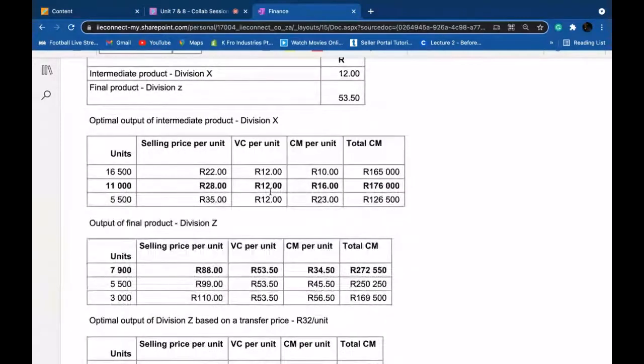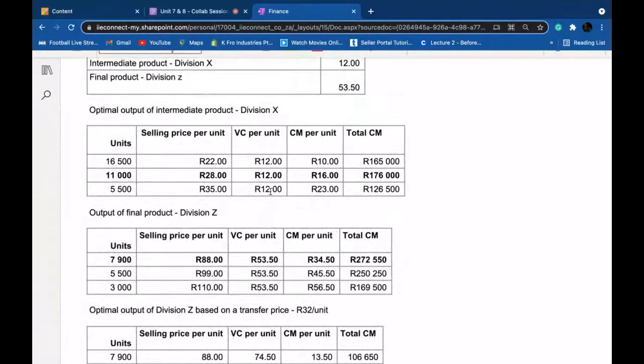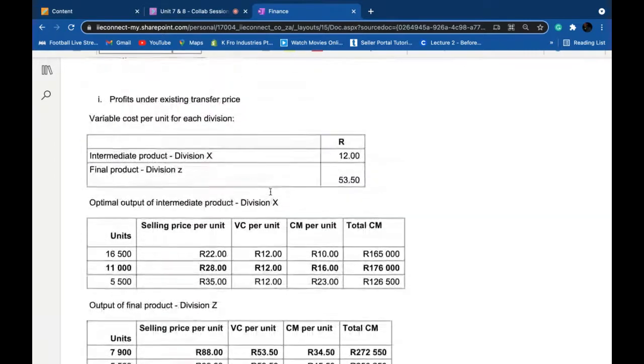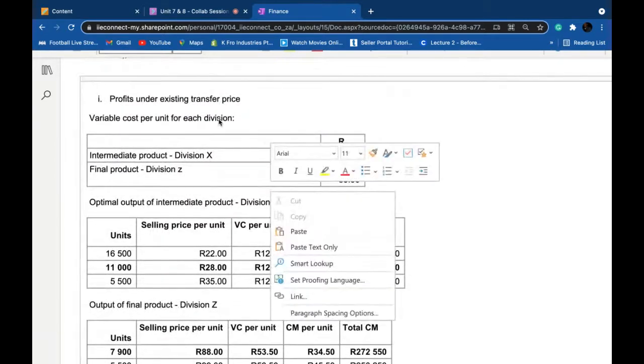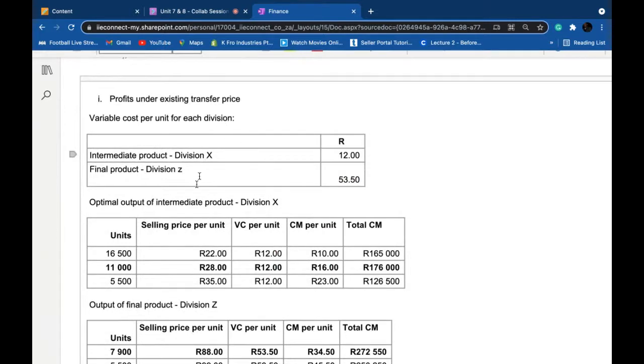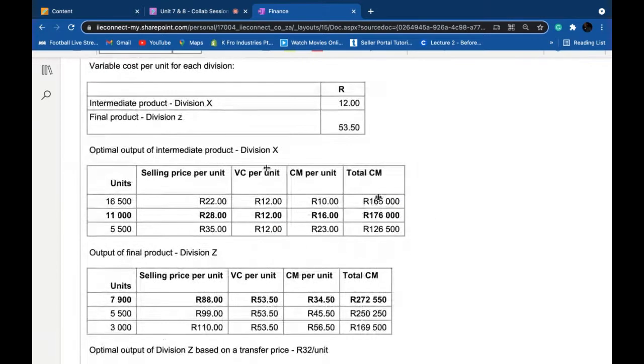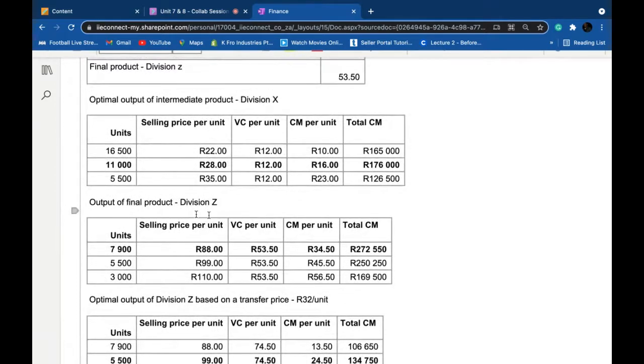So obviously, in order to answer this question, because in 7.2 they're saying calculate the effect that the existing transfer policy system has on company profits. So there, you obviously have to calculate according to the existing. First, variable cost per unit for each division, got that. Then optimum level of intermediate product for division X, optimal final product.